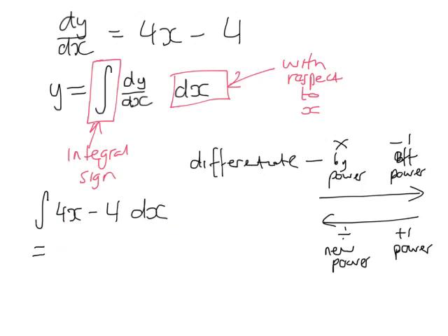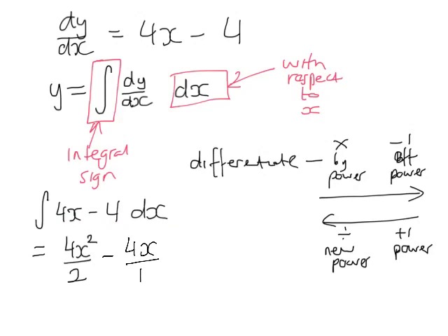So when we add 1 to the power, we have 4x squared, and then we need to divide by this new power, which is 2. And here the minus 4 is actually minus 4x to the power 0. So when we add 1 to the power, we're going to have minus 4x to the power 1, and we need to divide by that new power, which is 1.